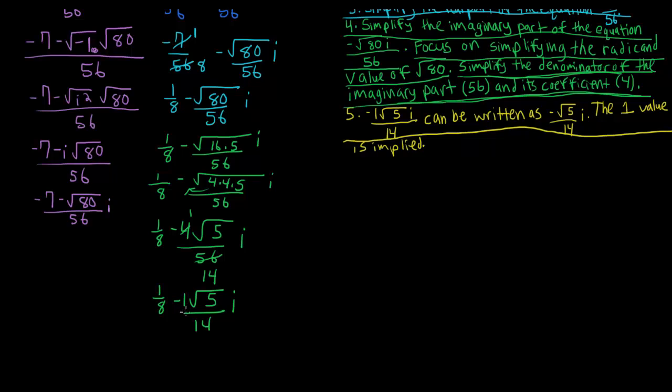So in this case, this I value right here is implied, so we can simply rewrite the equation as 1 over 8 minus square root of 5 over 14I. That's the answer.